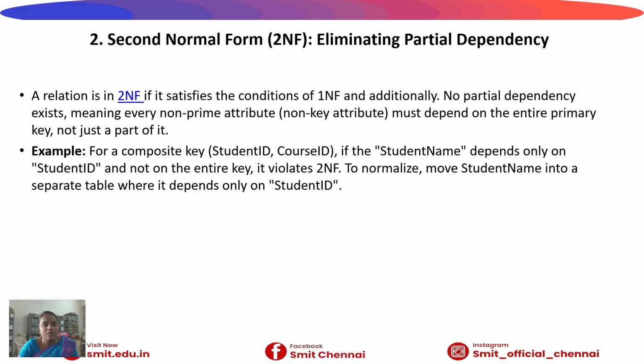For example, for second normal form, you are using a composite key of student ID and course ID. If the student name depends only on student ID and not on the entire key, it violates second normal form. To normalize, move the student's name into a separate table where it depends only on student ID. Then this condition will satisfy second normal form.